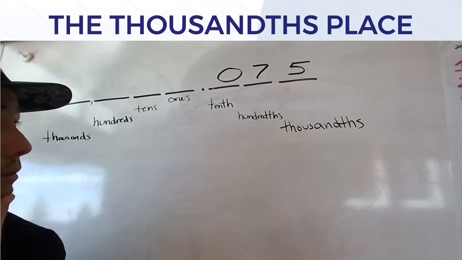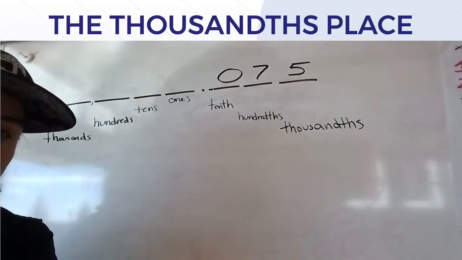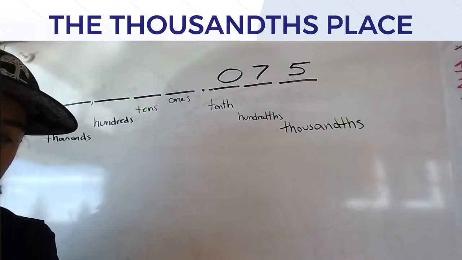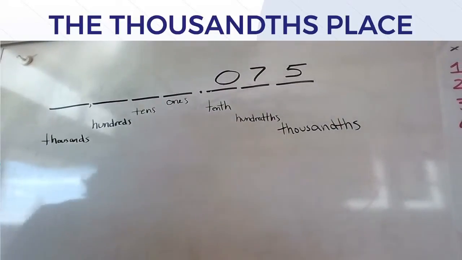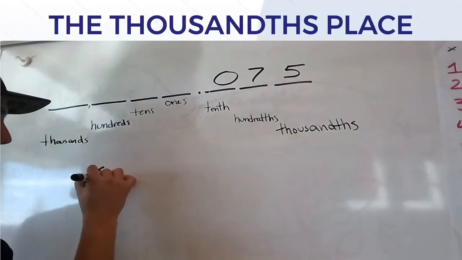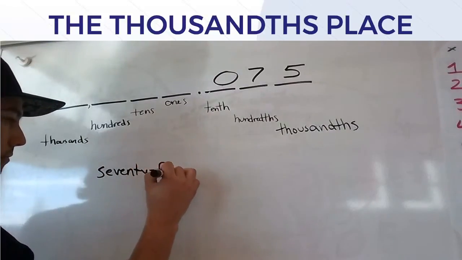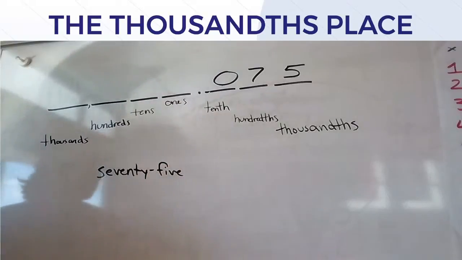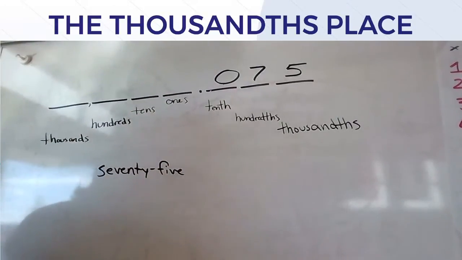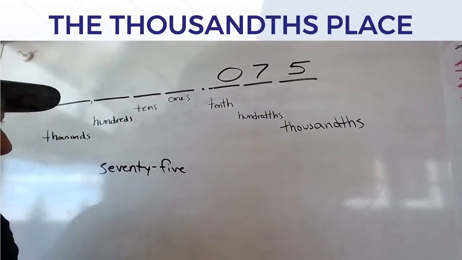And then, what's the furthest place that that number gets to? All right, so here, yeah, 75. Okay, 75. That 0, again, it's just a placeholder because we don't have enough to make a full tenth.